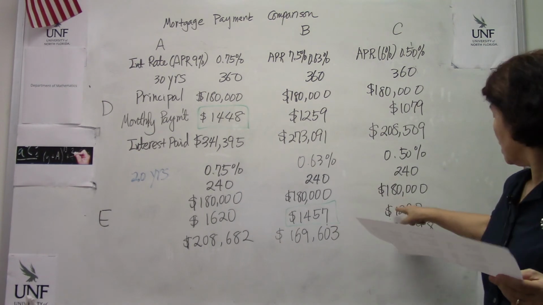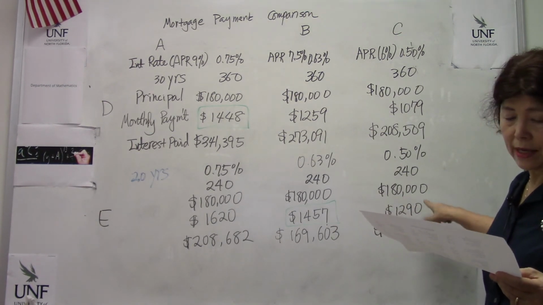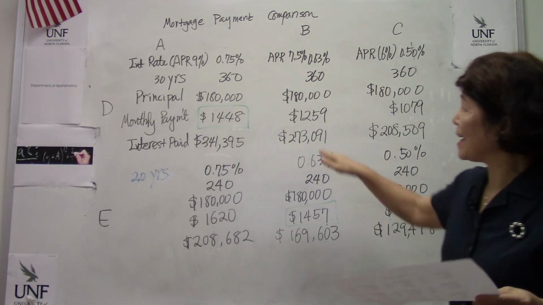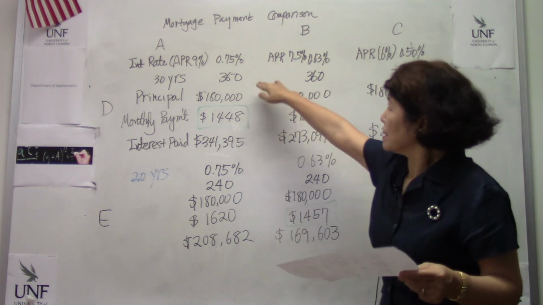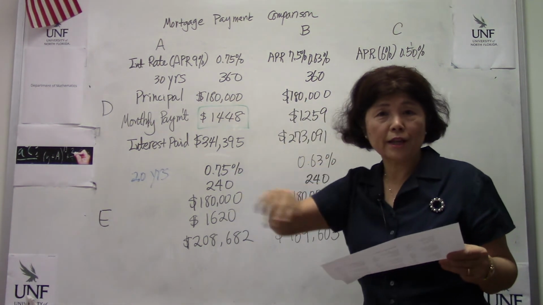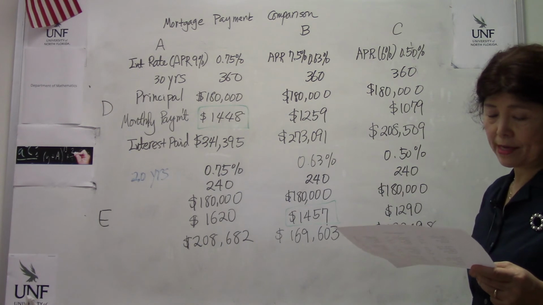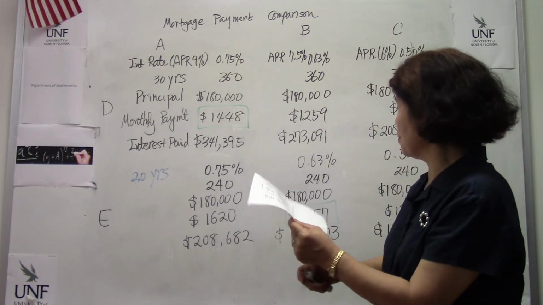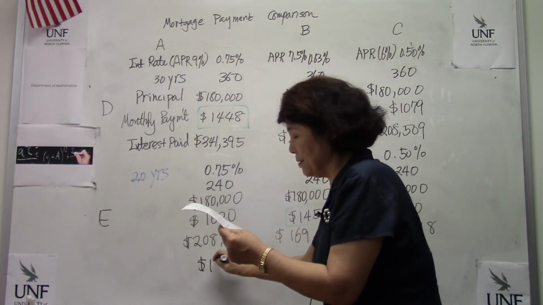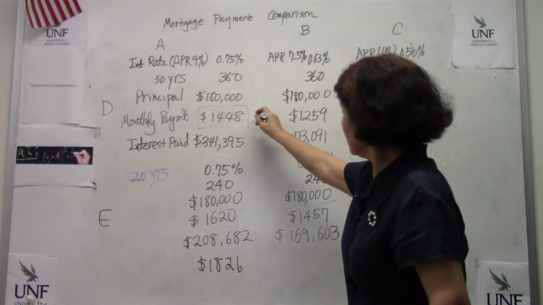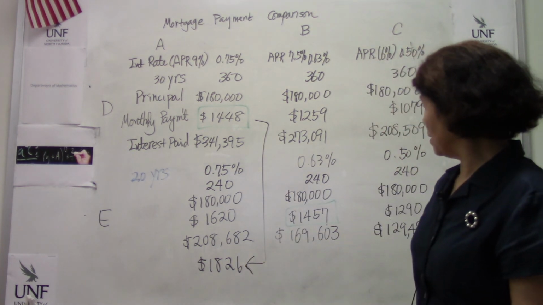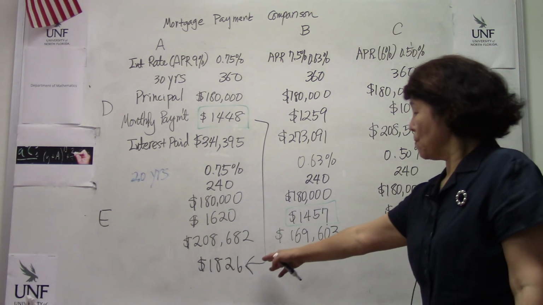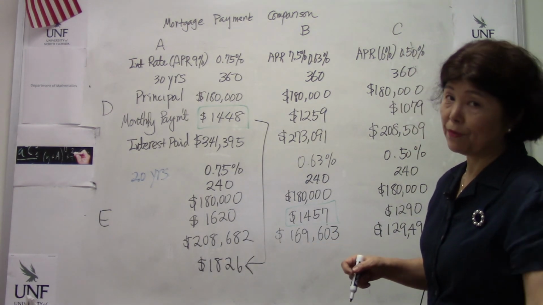That means 15 years, 180 payments, and that's it. That cuts the time of the 30-year term in half. But what about the payment? When you have a 15-year term, you are going to pay $1,826. Compared to this, it's about $370 or $380 more. But then you can finish in 15 years.